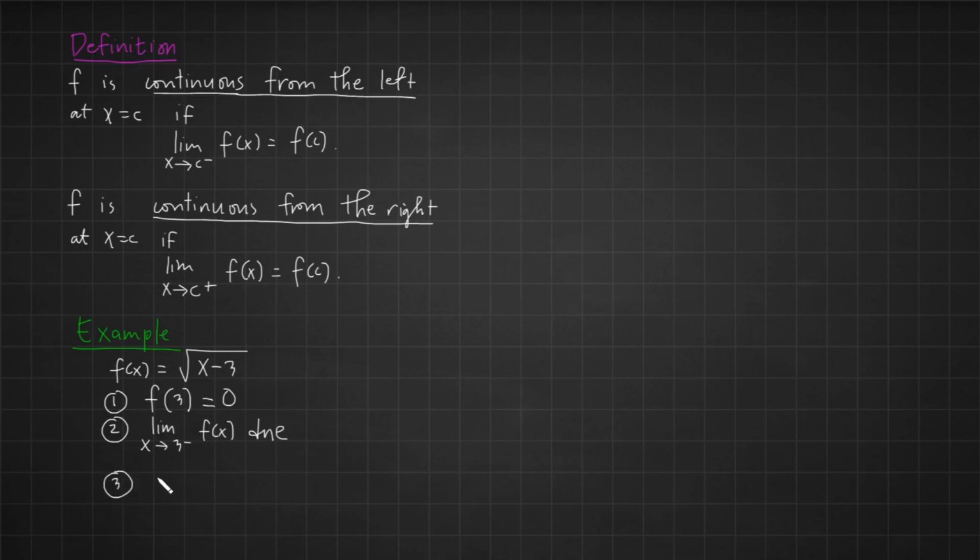Now, on the other hand, if we approach from the right, for example, 3.1, then 3.1 minus 3 is positive, so therefore, pwede natin kunan ng square root. Kaya defined yun. And, well, the limit of that is equal to 0.